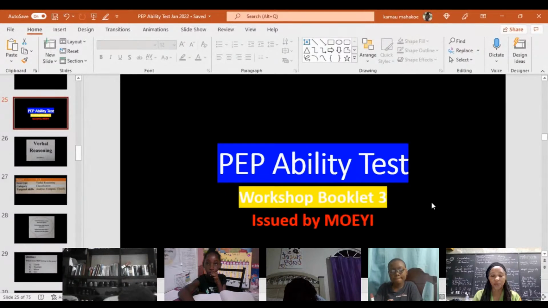workbooks, and they were prepared by the Ministry of Education, Youth and Information, and distributed to PEP students, PEP teachers, and PEP parents. It's very important that we go through these booklets with a fine-tooth comb, because the PEP exam is a relatively new exam to us, and some persons are still groping, still wondering what to expect, what to do, how do I approach the questions.